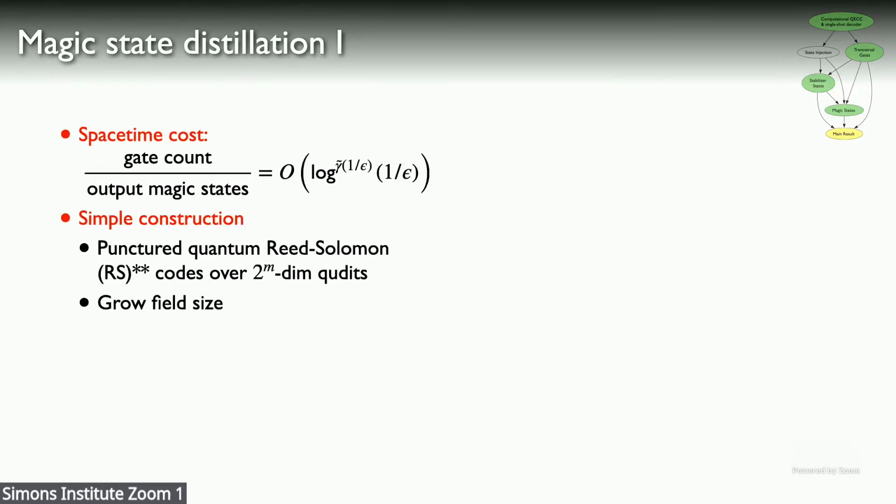And roughly, the issue is that we have to count the space-time cost, which is the gate count over the number of magic states that are output. And quite commonly, this ends up being some logarithm to some power in the output error rate.